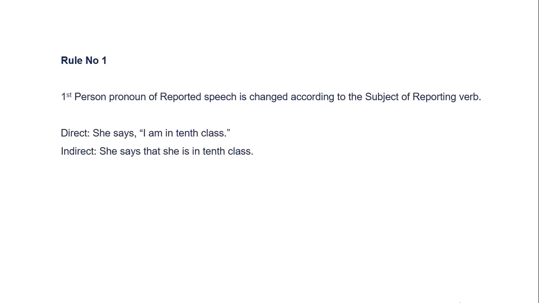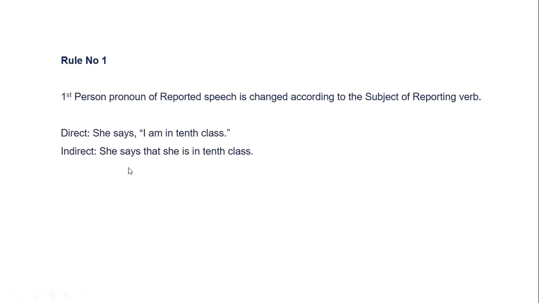Now, let's try to find out what rule 1 says. First person pronoun of reported speech. Here, the first person pronoun is I. So, the first person pronoun of reported speech is changed according to the subject of the reporting verb. The reporting verb is she says, so the subject is she.